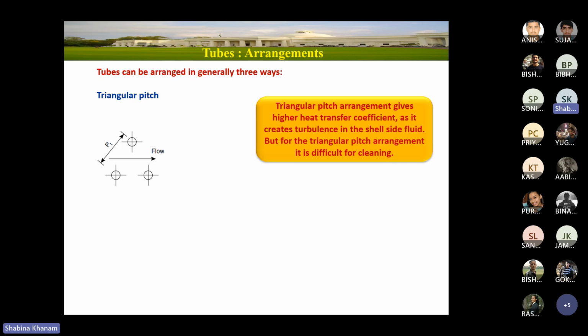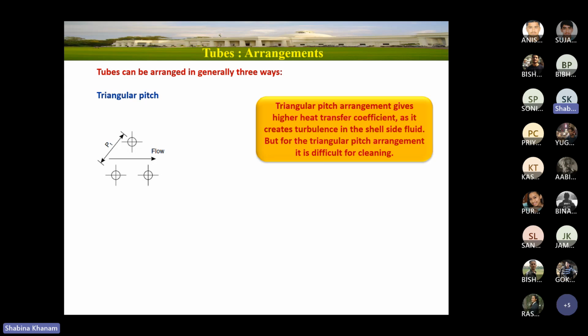But at the same time this type of pitch is difficult to clean, because the space is less. This is the pitch, but this distance will not be PT. If you observe from the outside, the space is PT only, but for cleaning purposes it is difficult because of this arrangement.